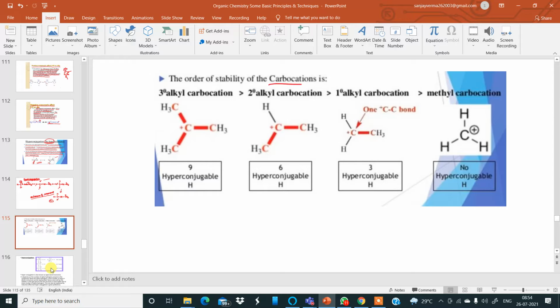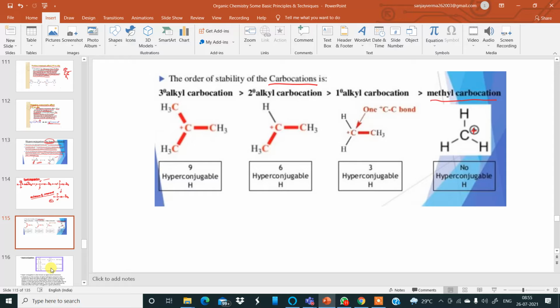I have explained to you in the previous classes the degree of the central carbon atoms. Like this one, if you see CH3, methyl group, a methyl carbocation. This is a methyl carbocation, carbon carrying a positive charge. You can say it is 1 degree. This carbon also is 1 degree, attached to at least one carbon atom.